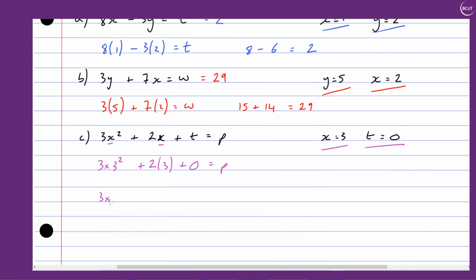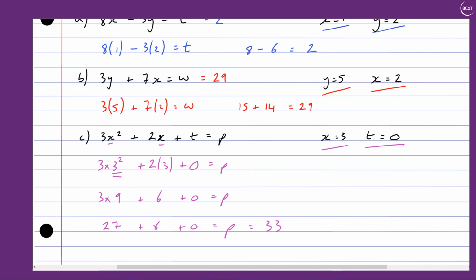So that is 3 times 3 squared. 3 squared is 3 times 3, so that's 3 times 9, plus 2 times 3 is 6, plus 0 equals p. 3 times 9 is 27, plus 6 plus 0 is equal to p, but of course 27 plus 6 is 33, so here p is worth 33. So we've substituted some values into our variables to work our answer out. So that is about as hard as it'll get with substitution.